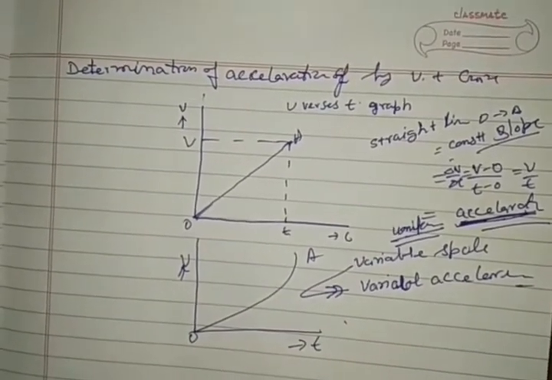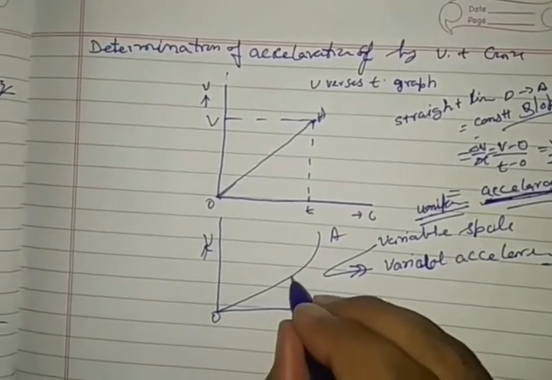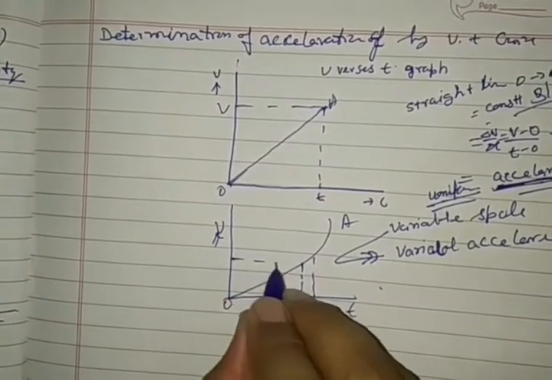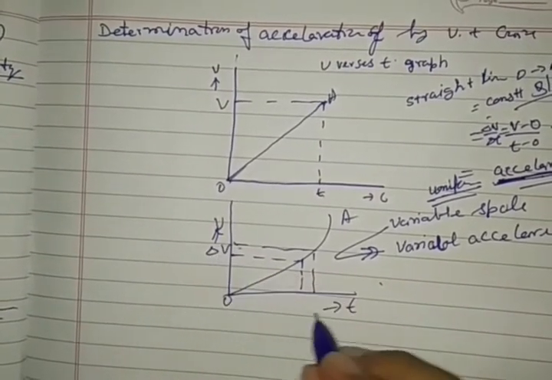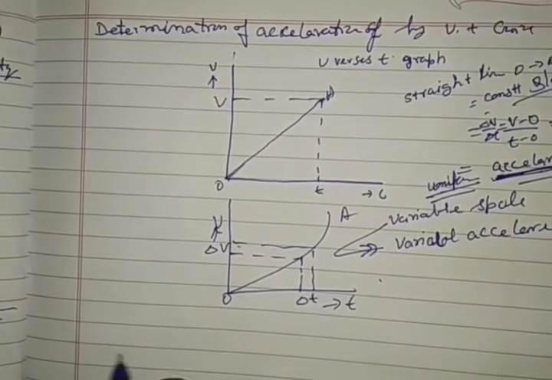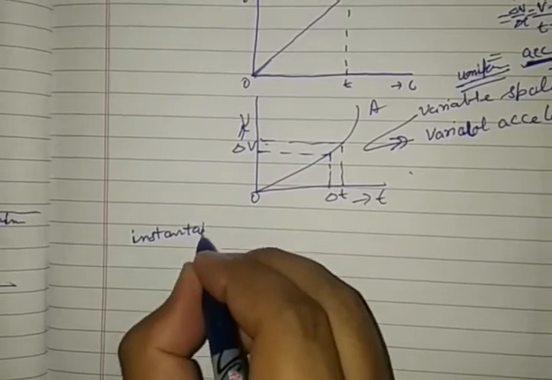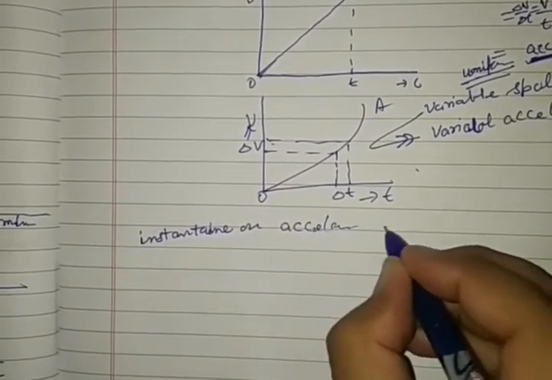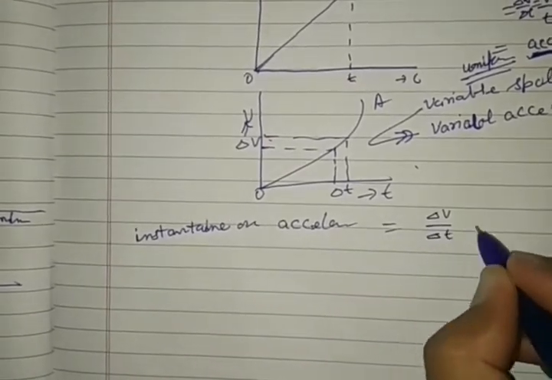In case of variable acceleration, we calculate instantaneous acceleration. It is change in v under change in time. So instantaneous acceleration is equal to change in velocity by change in time.